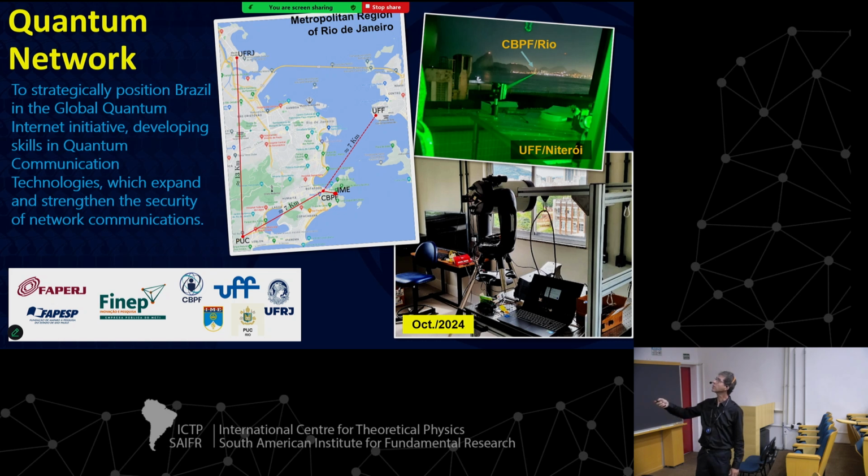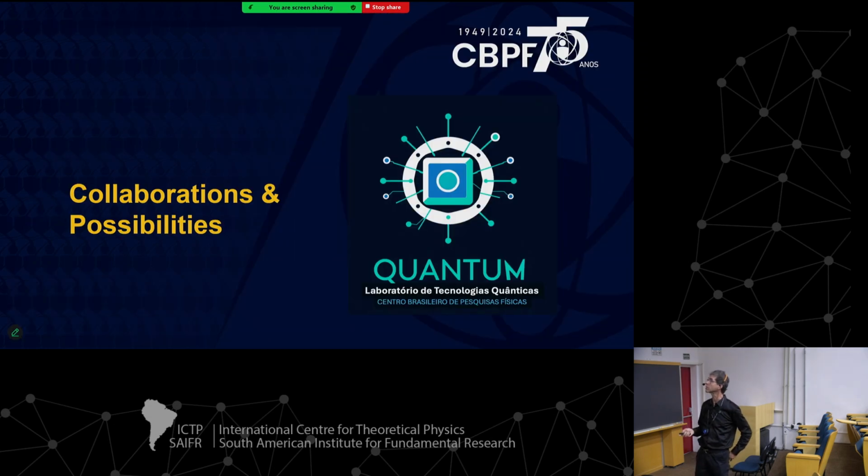And we now have an optical link from CBPF to the Universidade Federal Fluminense, which is made by lasers. This is at the UFF, and this is at the CBPF. We can send and receive a laser to promote quantum protocols for communication, for quantum encryption.